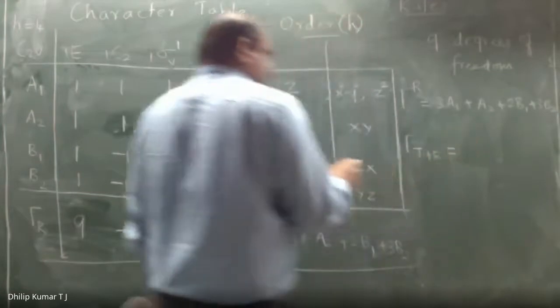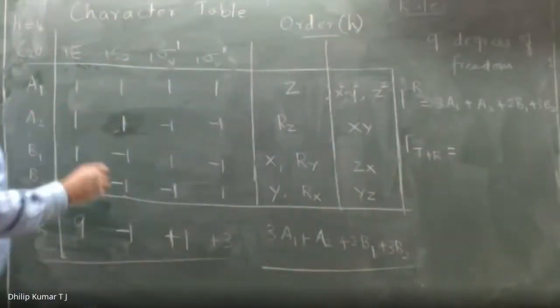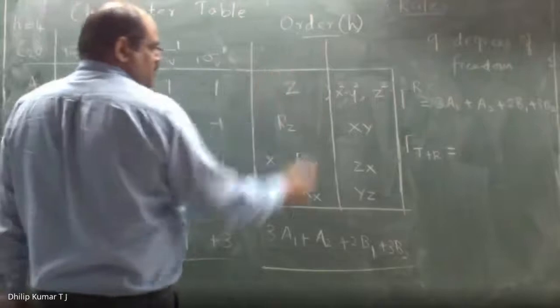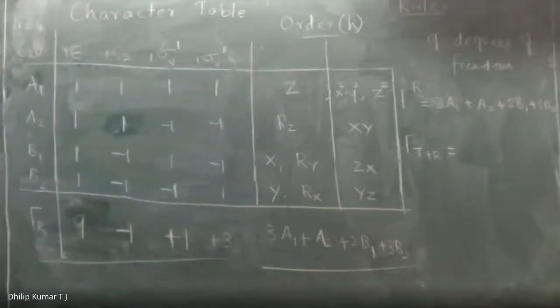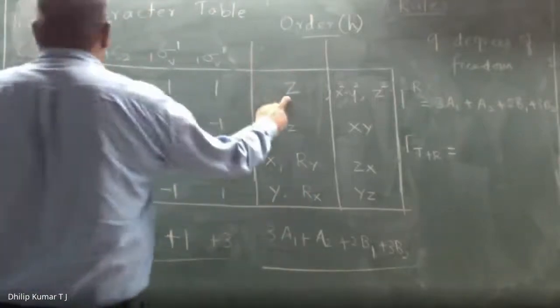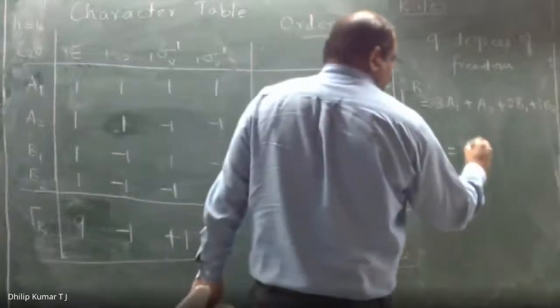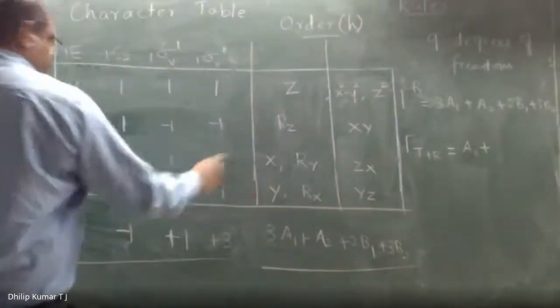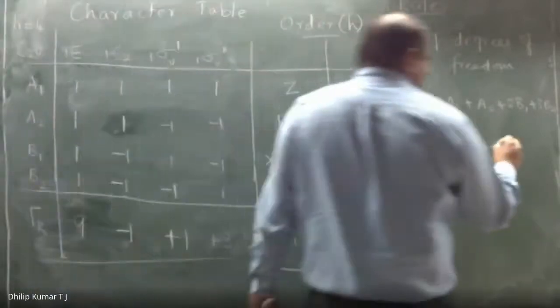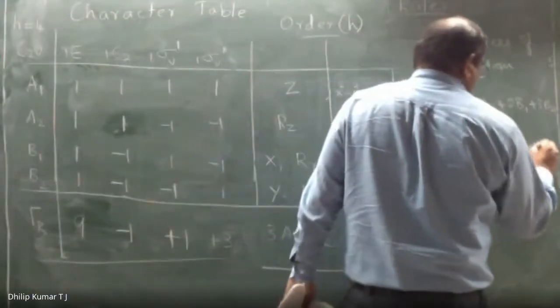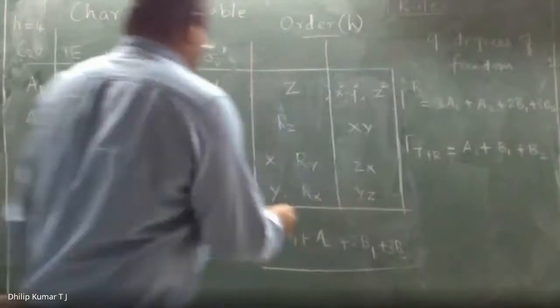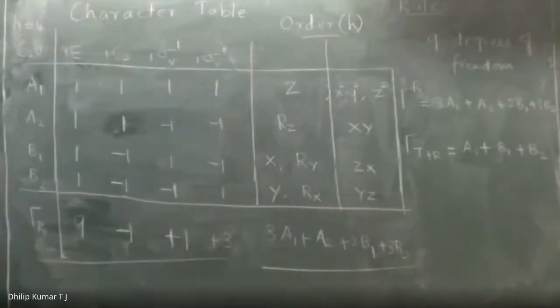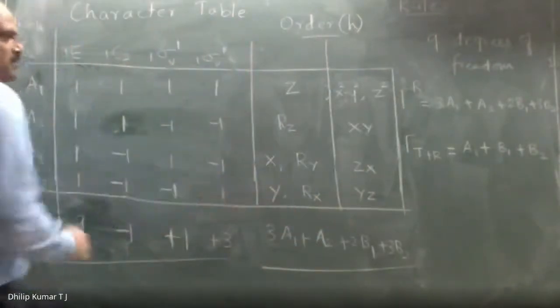That I can see from this table and write. This column is translational and rotational, right? So Z corresponds to A1, and X, Y are B1, B2. X stands for B1 and Y is B2.